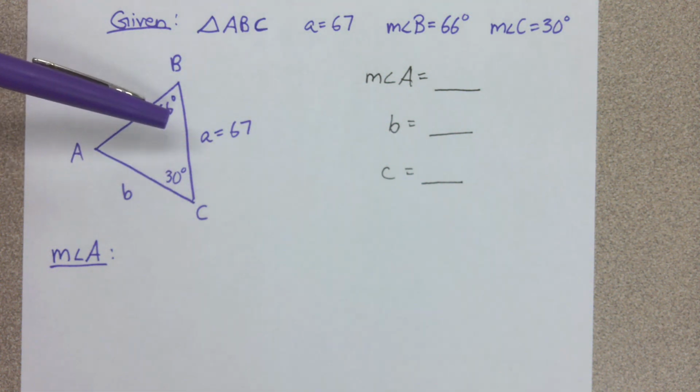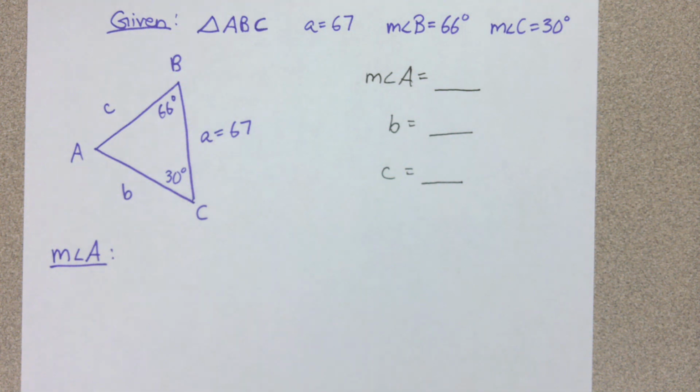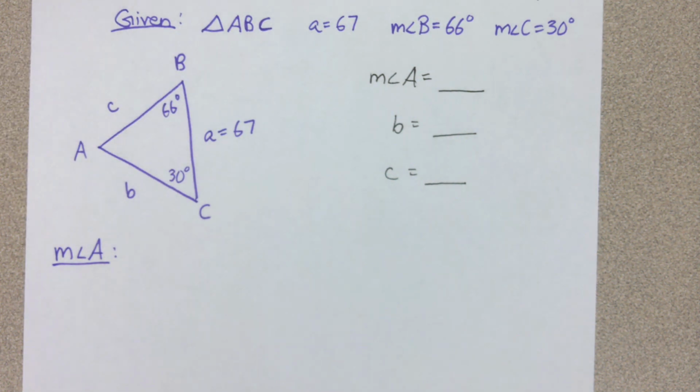It's just a slight way to rearrange the math, if you will. You can add both of these together and then subtract it from 180, or you can just do extended subtraction. 180 minus 30 minus 66, whatever's left is your angle.